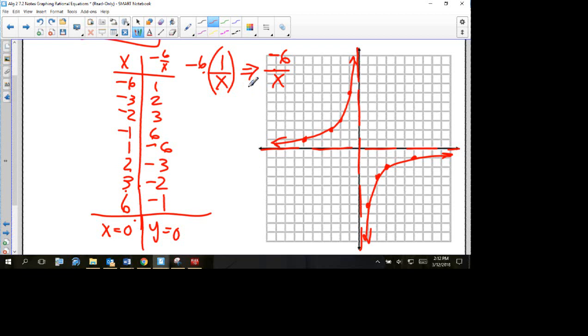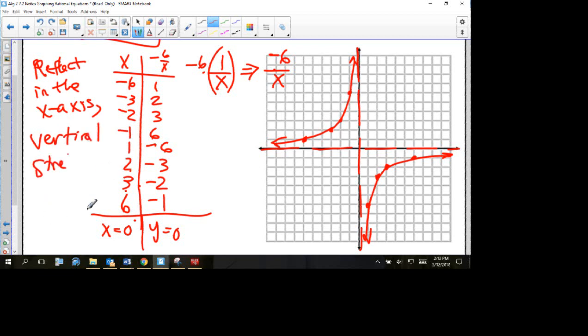Reflection in the x-axis, and then a vertical stretch factor of 6. And that's what has happened. It switched which sides the branches are on and it's stretched out.